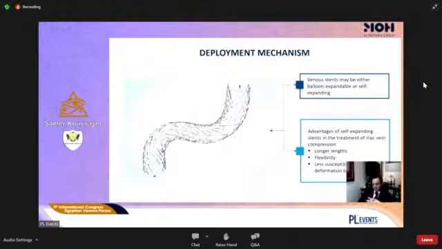What that means is, when you have a self-expandable stent and apply a force, it can bend but come back. It has a memory. Whereas a balloon expandable stent, when it's compressed, has no memory and stays compressed. So this is the main difference between the self-expandable and balloon expandable. And again, the majority of the time we use a self-expandable nitinol stent.